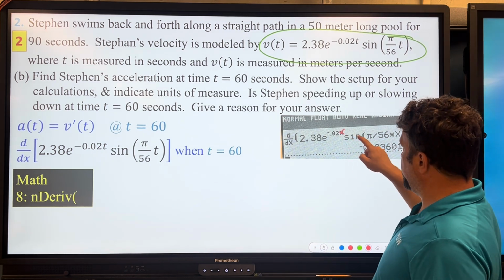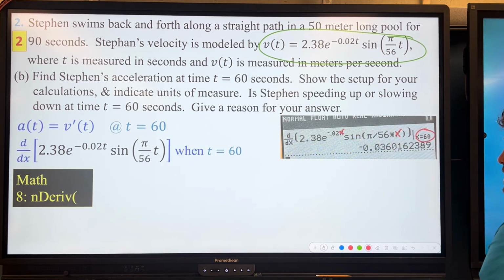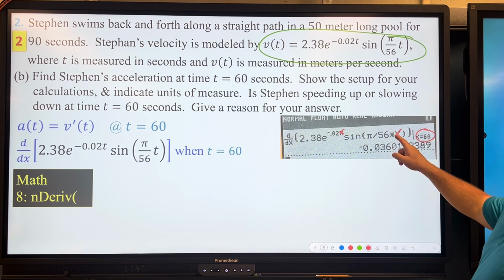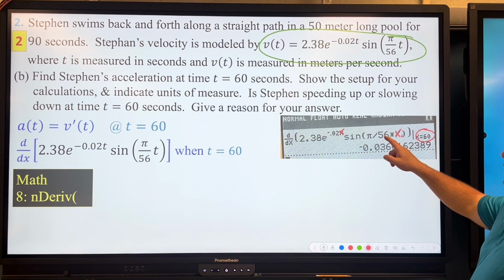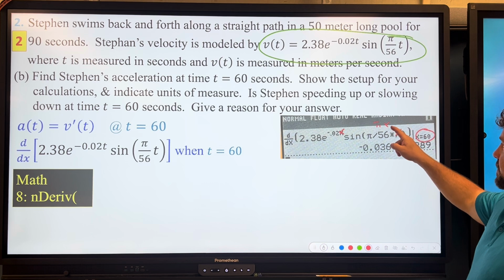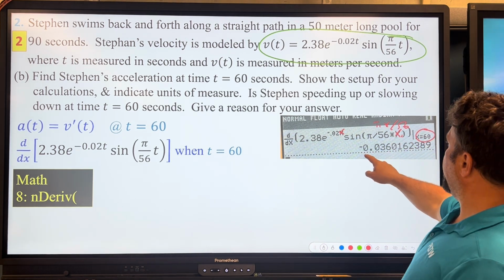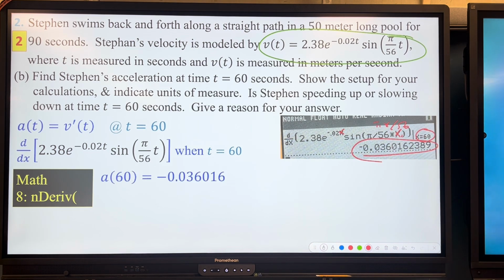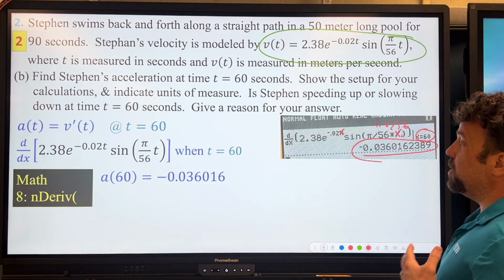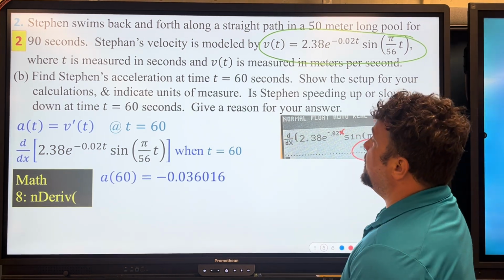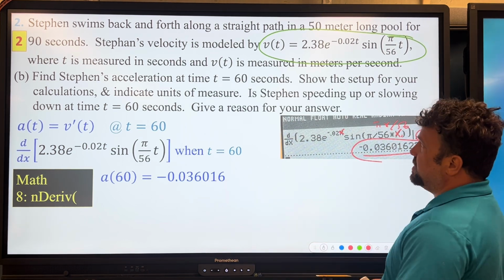And remember, we're using the x button instead of the t's. I could do pi divided by 56 times x, okay? Or I could do pi x divided by 56. Either one's okay there. But anyway, I get this as an answer, which is negative 0.36013. So the acceleration at 60 seconds is going to be a negative acceleration.